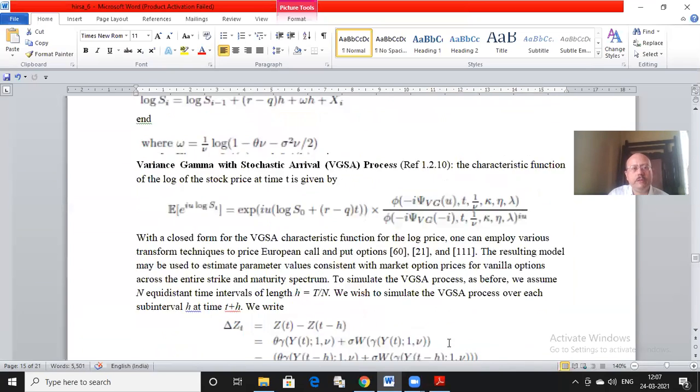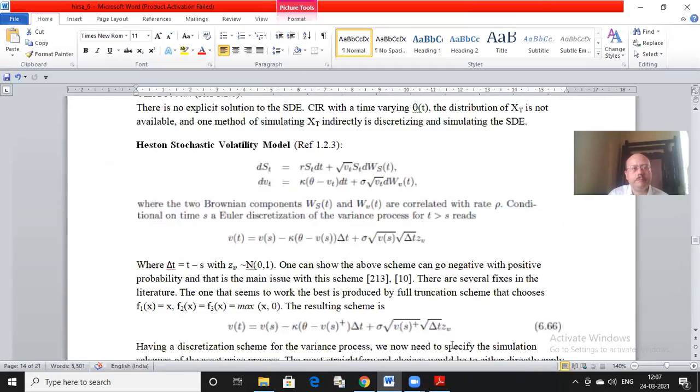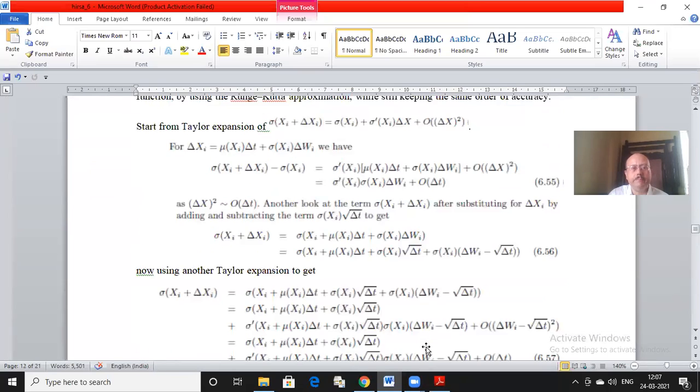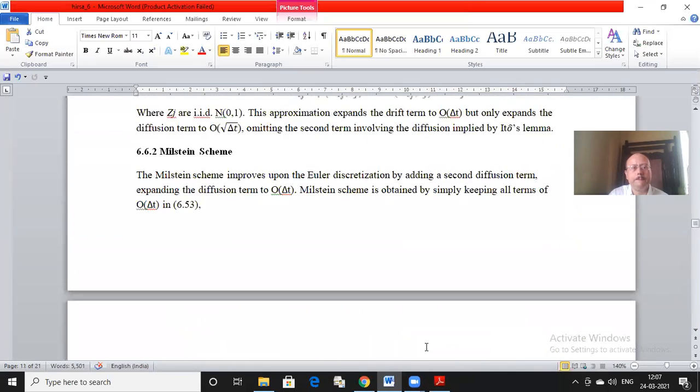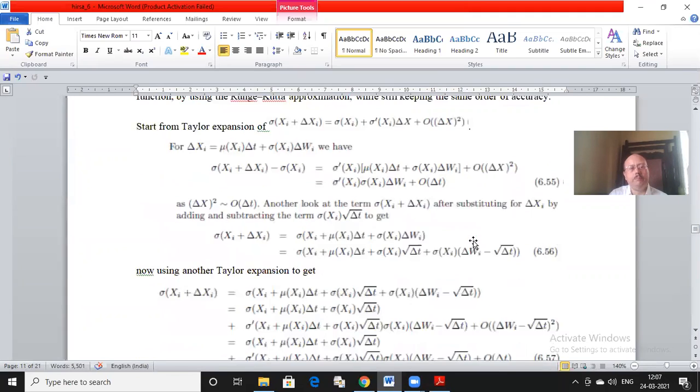So just to recall the Milstein scheme, I'll go back. The Milstein scheme required the initial point, mu delta t, sigma root delta t z, and then the sigma prime term, which required a z square here for this second derivative term.